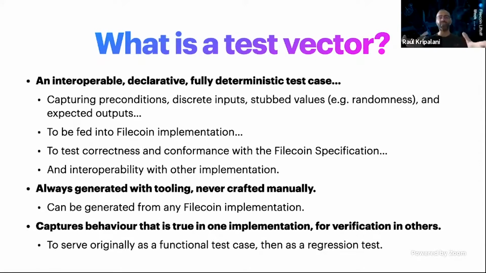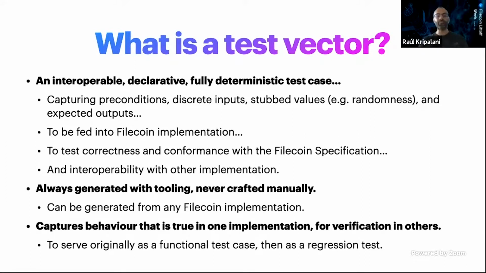You can imagine that the component being subjected to a test vector is kind of like a black box, say, for example, the Filecoin VM. And the test vector tells you how to prepare the environment, what to feed as an input, and what the output should be from that black box.